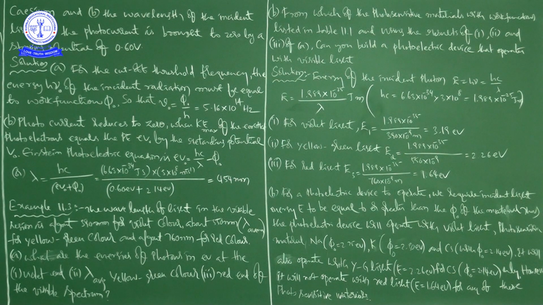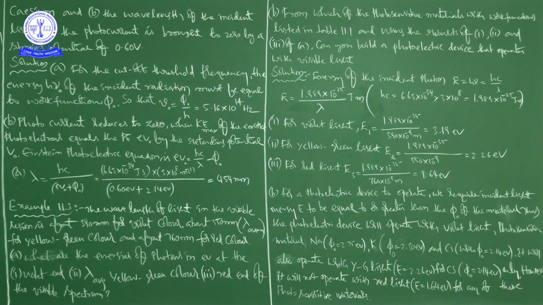Here A is: what are the energies of photons in electron volts at the 1, violet end, 2, average wavelength, yellow green color, and third, red end of the visible spectrum?